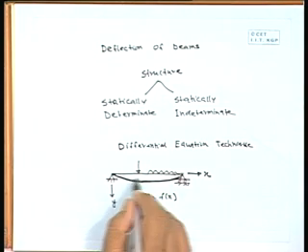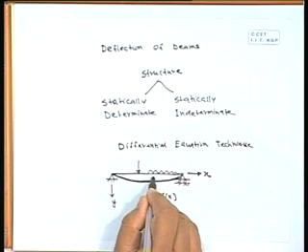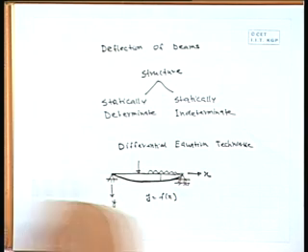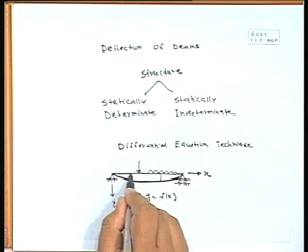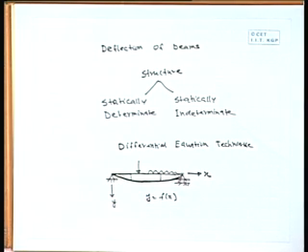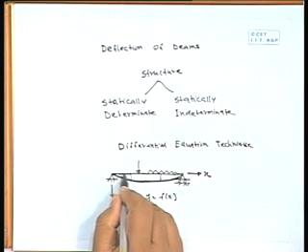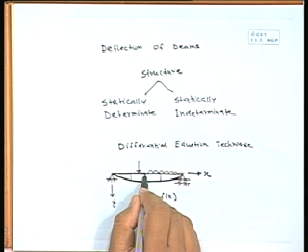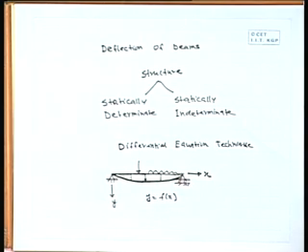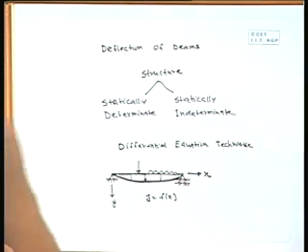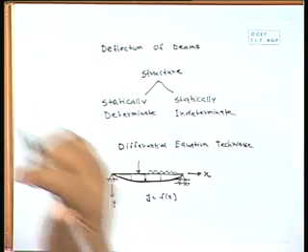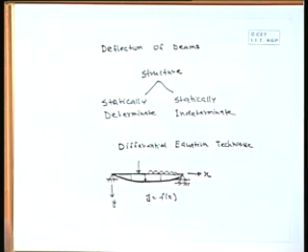So, y at any point at a distance x. This is x, that will be the y. For a different x, it will be a different y, and for another x, another y. So, x is a variable quantity, and depending on x you will get the value of y. So, y is a function of x. What is y? y is the deflection.